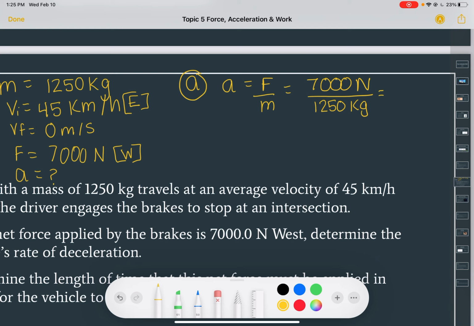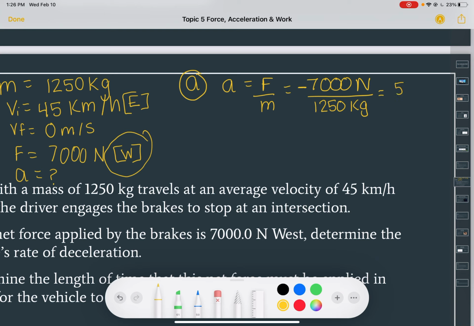And something to note, when we were talking about deceleration, it is normally a negative number. And I guess that makes sense because west, which is right here, would translate to being negative, if we're not going to put west in there. So this number will be negative, and I got this silly calculator that gives me fractions.